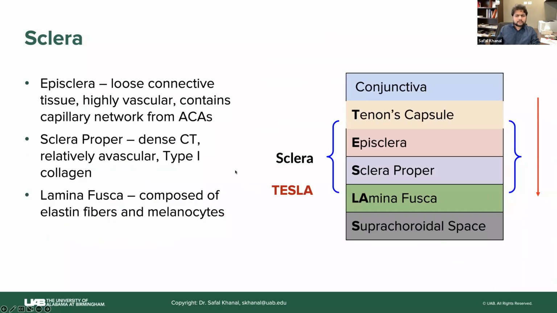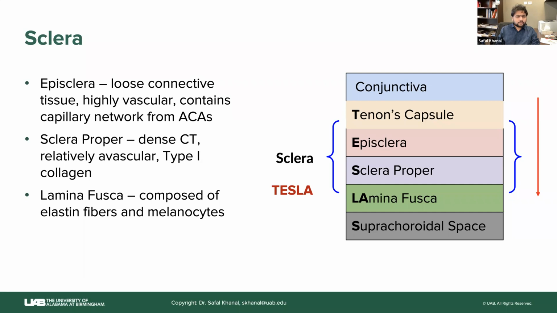Now let's look at these layers in a little bit more detail. The episclera is a loose connective tissue. It is highly vascular, containing a lot of vessels, capillary networks from the anterior ciliary arteries. Again, these are the branches of the muscular arteries, which themselves are branches of the ophthalmic artery.